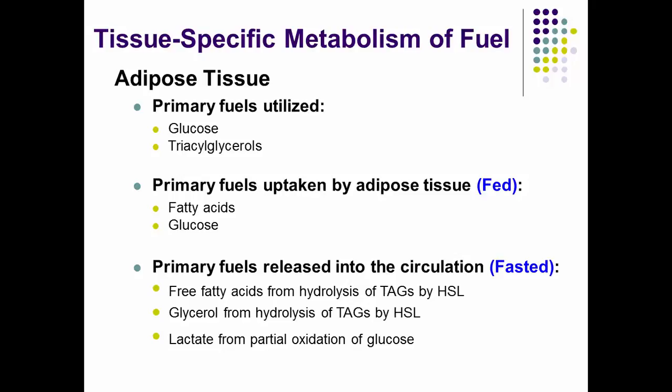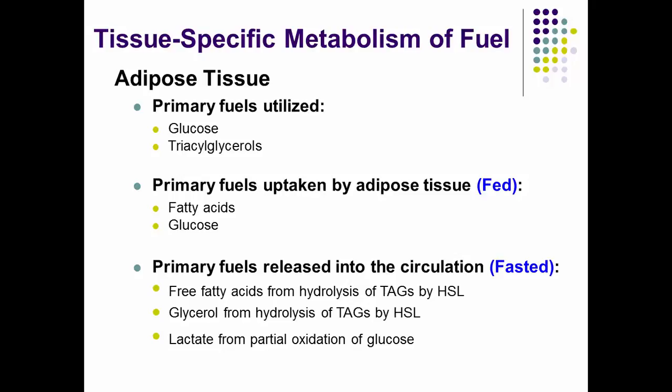So adipose tissue. Adipose tissue is able to utilize glucose and triglyceride as energy. And in terms of metabolic fuel uptake by adipose tissue in the fed condition, adipose tissue is able to pick up fatty acids, right?